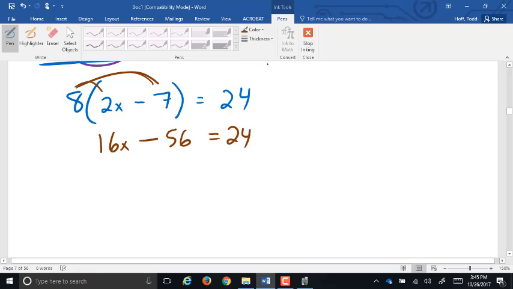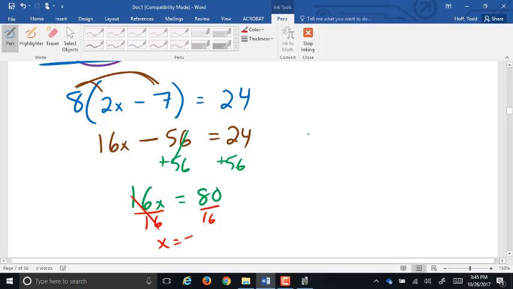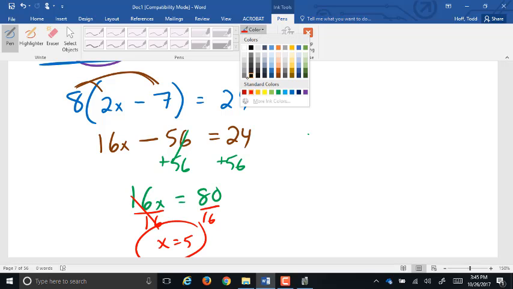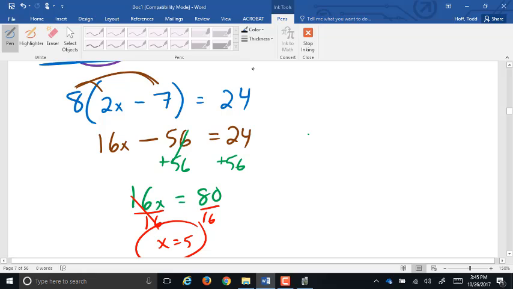Good. So from there we would add 56. 16x equals 80, and then divide by 16. X equals 5. We've done simple equations like that before. Well, not so simple, but with simple parentheses.